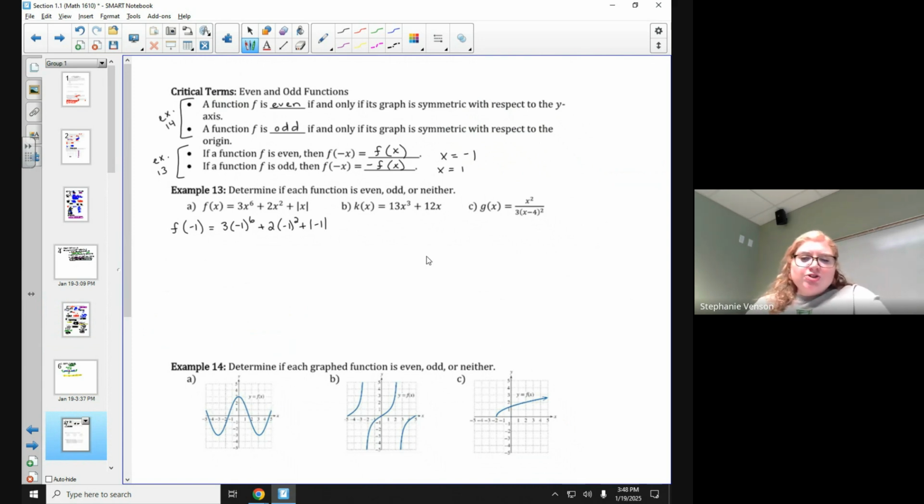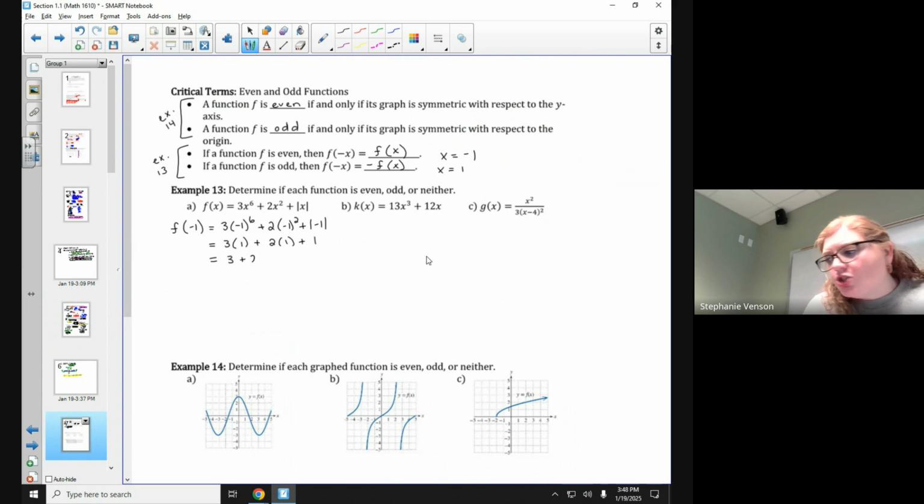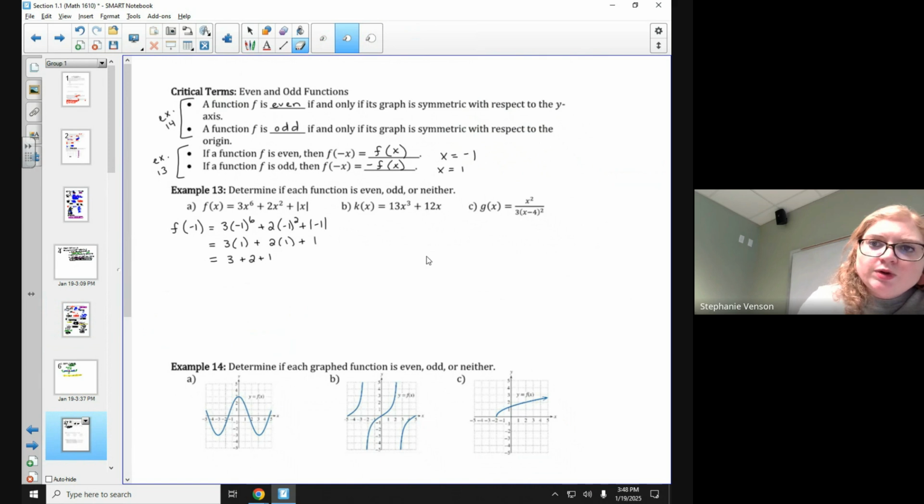Well, -1 to an even power, whether that's 6 or 4 or 2 or whatever, is +1. Okay, so that is 3 times 1 plus 2 times 1, -1 squared is 1, plus, now the absolute value of -1 is +1. Okay, so really that's 3 plus 2 plus 1, which is 6.